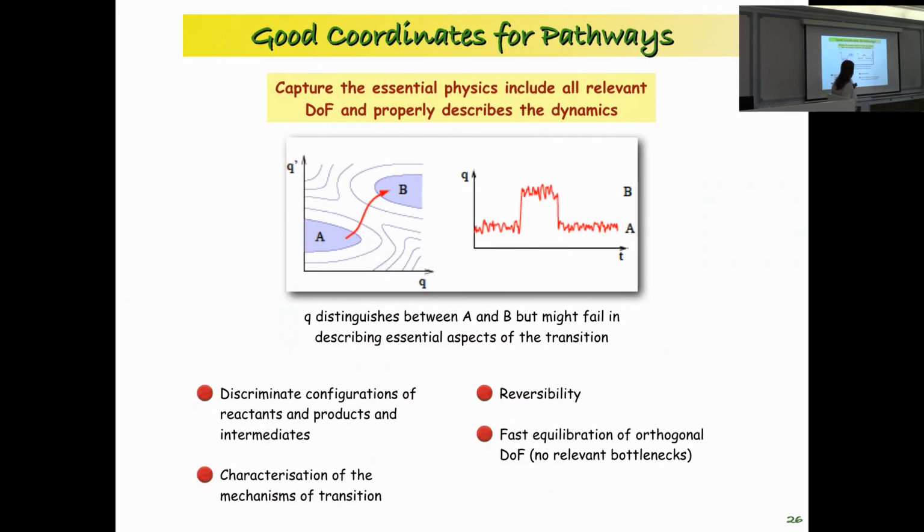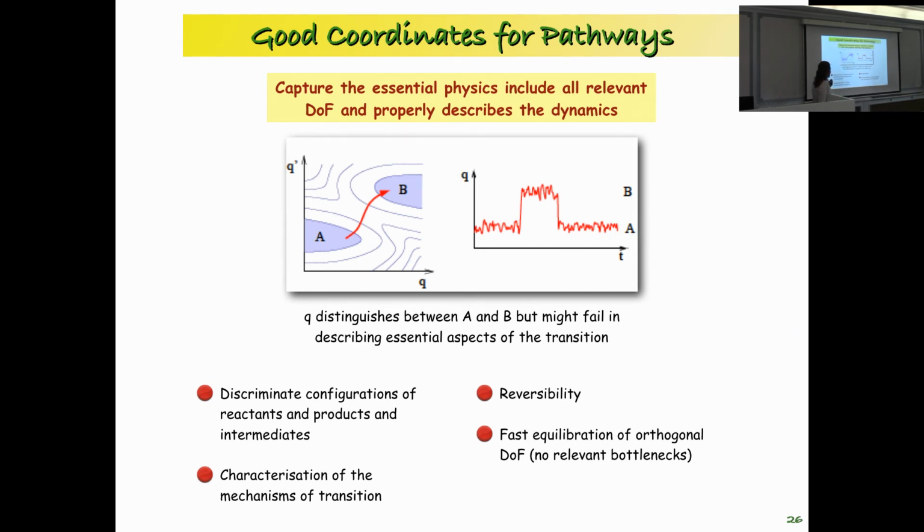The multidimensional problem is very well known, so that sometimes one assumes that one can just use one coordinate, and if you use only one, as it is here, you describe the pathway only using the q coordinate, and you forget about the q prime, you might obtain really wrong values of the transition states.